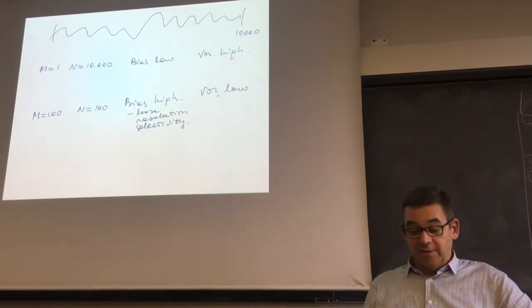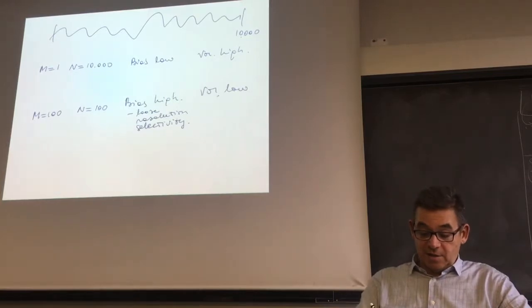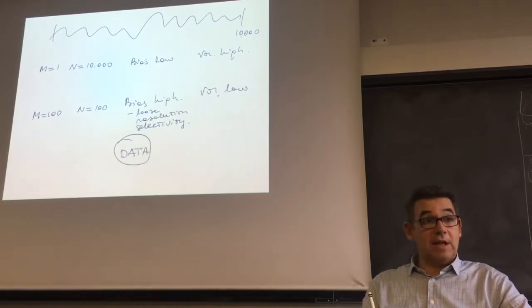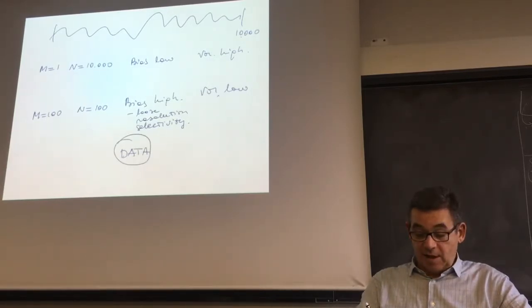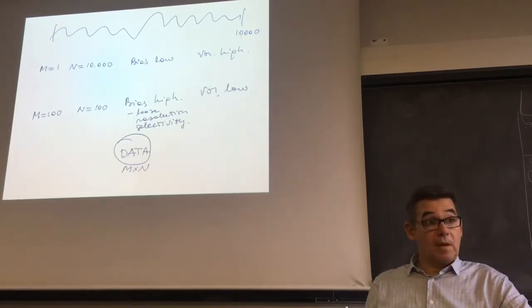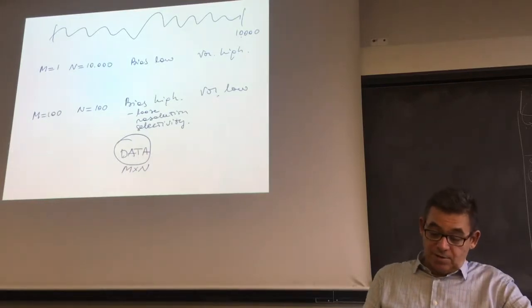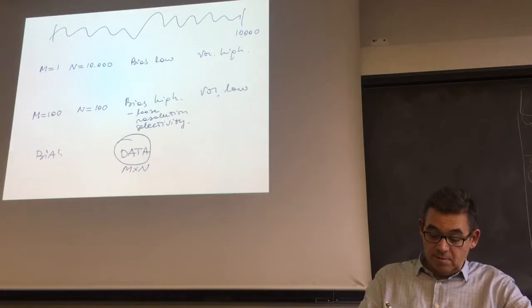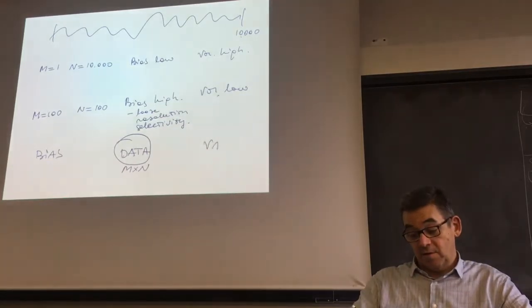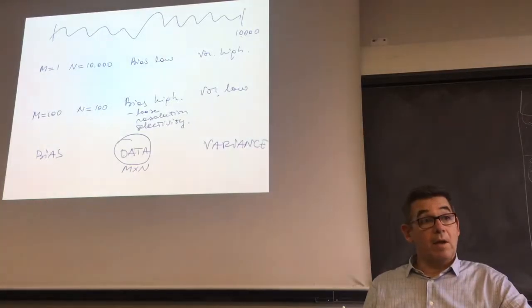So essentially, given the total data set, I need to decide the assignment, which is M times N. So what I can do this way is trade between bias and variance. Okay?